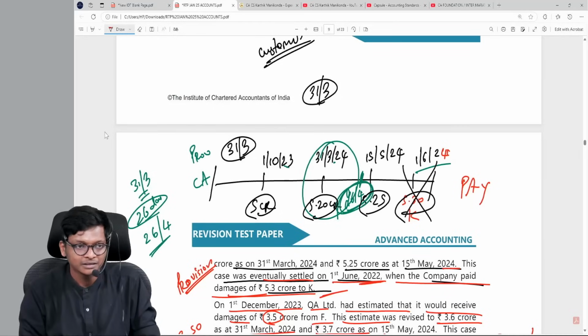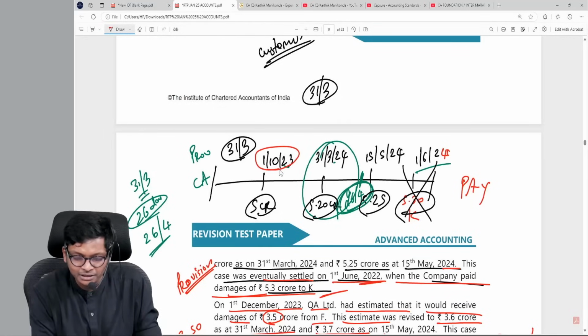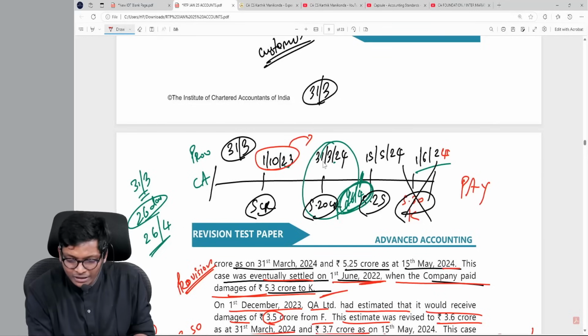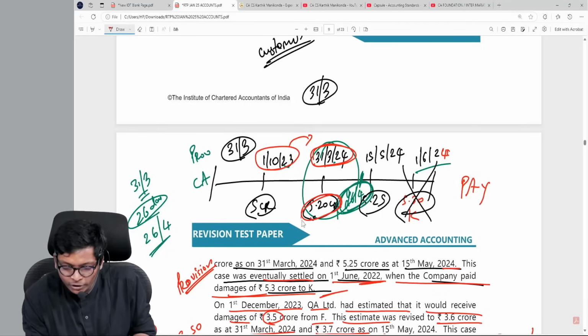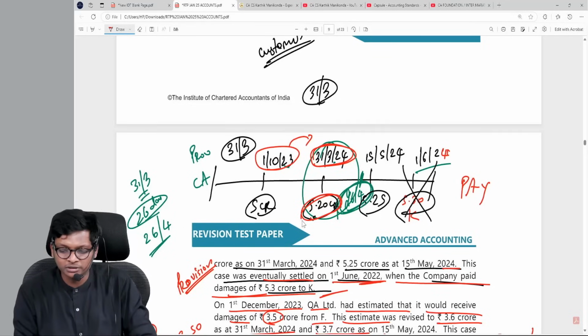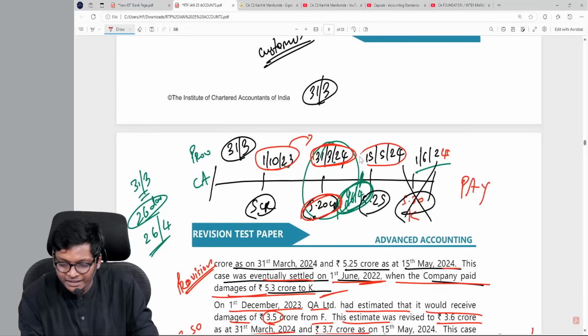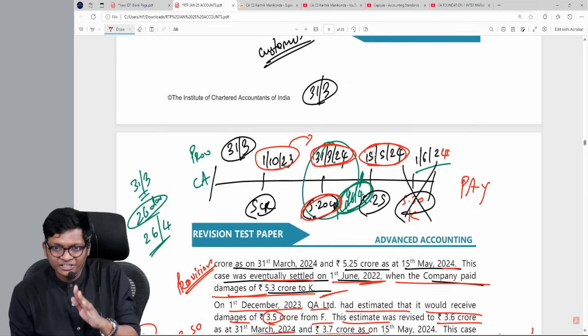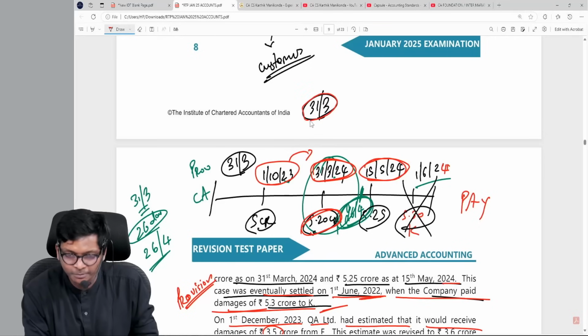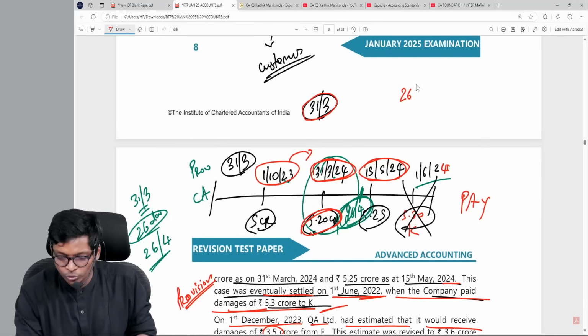Correct? Second, can I take 1st October? That was the provision on 1st October. But later you revised it on 31st March to 5.2 crores. So I will take 5.2 crores. Sir, again the provision on 15th May has changed. Provision, it is meant to change. But look carefully. 31st March is year ending. 26th April Board of Directors approved.